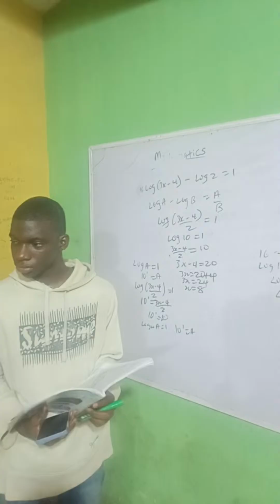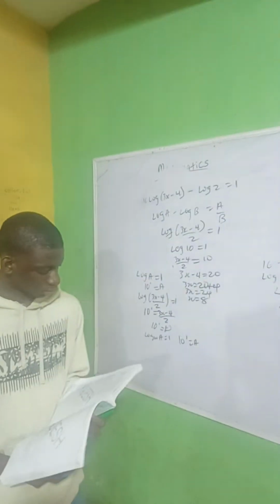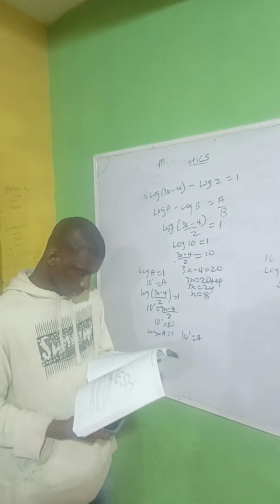Is it minus y or y? Minus y. The answer is 3x equals to minus y.